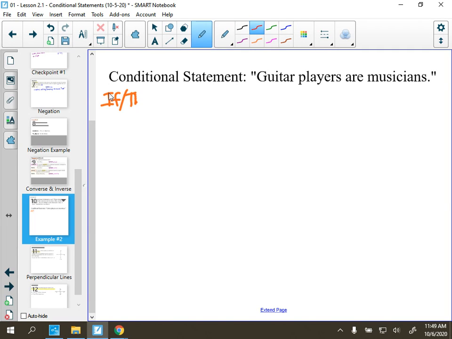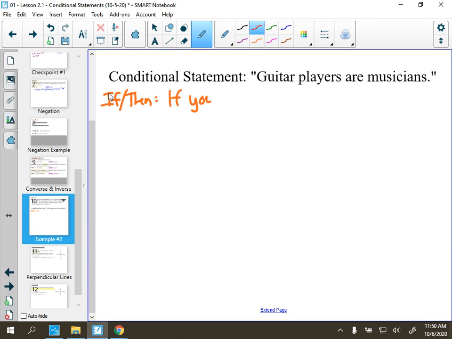Our if-then, for me, I think I would say, if they are guitar players, then they are musicians. All right, I'm just keeping everything the way it was written. So, let's just go with you.